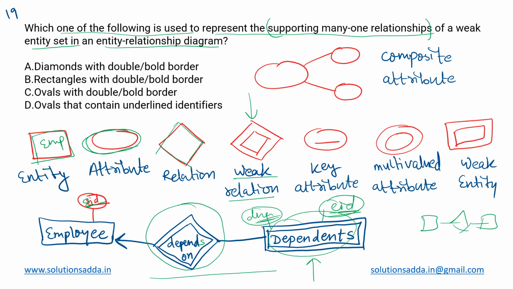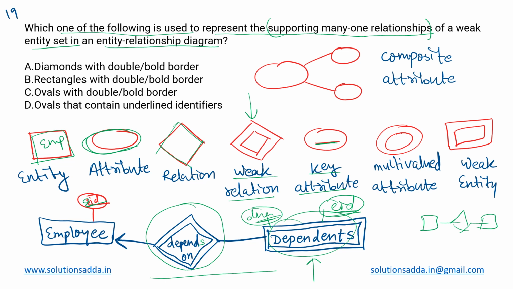And this thing we already are aware of. If our attribute is a key attribute, then below its name we mention the underline symbol for the primary key. Next we have, if your attribute is multi-valued, it means if there is an attribute called phone number, then there can be multiple values for that.